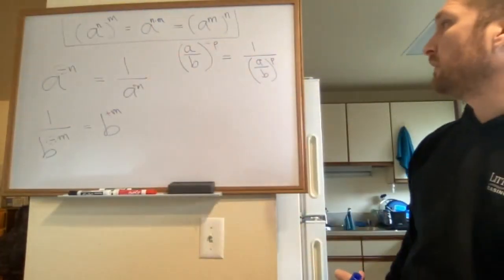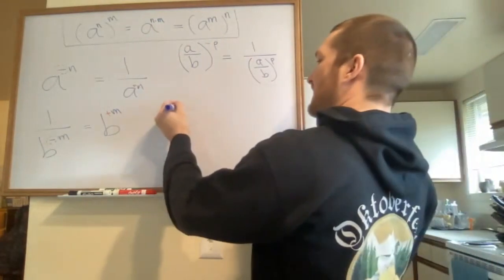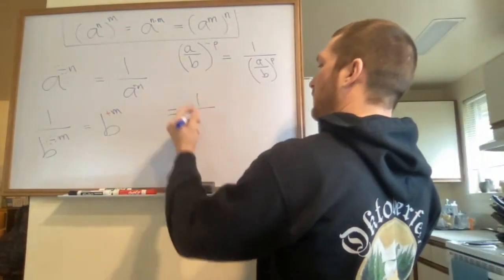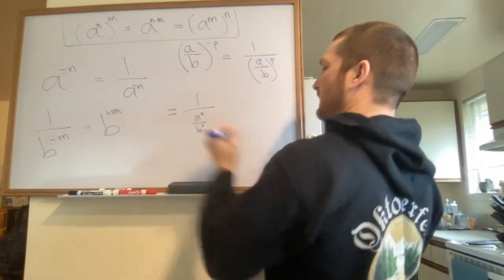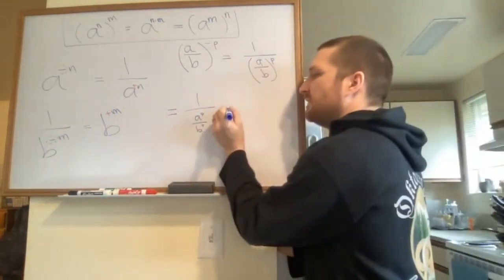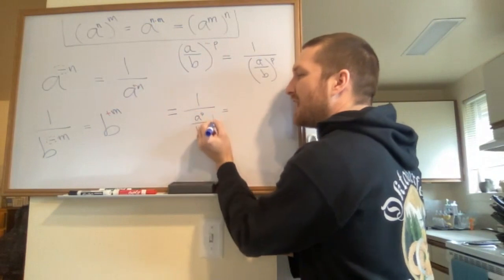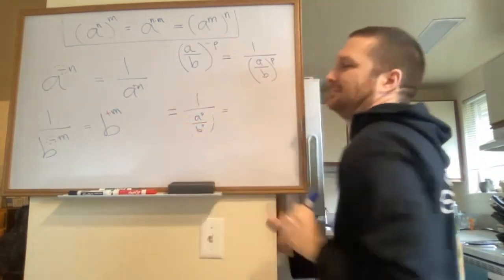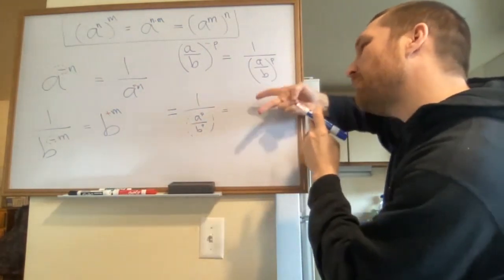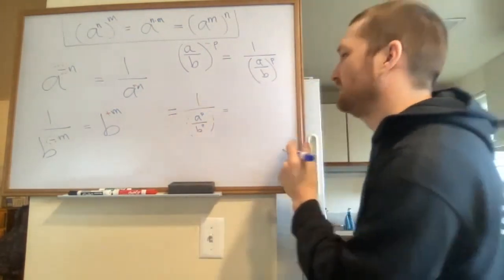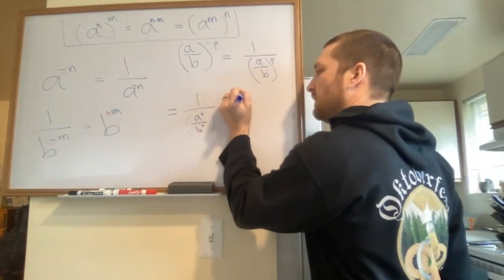Boom. But this is the same thing as 1 over A to the P over B to the P. And dividing by a fraction is the same as what? Multiplying by a reciprocal. And so what do we end up with here? B to the P over A to the P.